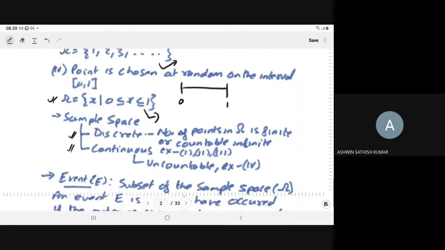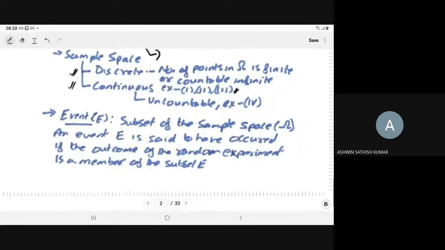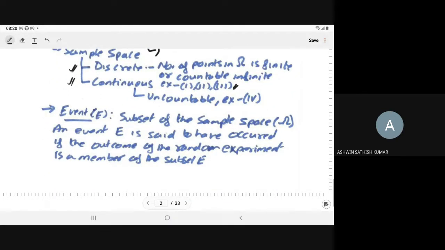So in this case it is continuous. We can see that the first, second and third sample spaces are discrete in nature, but in the fourth one we have uncountable sample points, so it is a continuous sample space. That is the basics of the sample space.